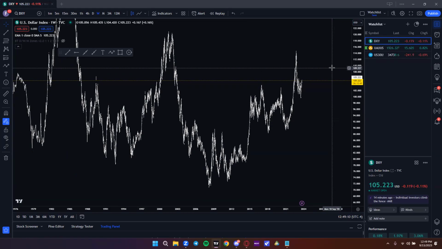The US dollar is still the world currency, and even if China and BRICS, this is a side note, even though China, Brazil, India, Russia are creating their own currency, most of their transactions are still being completed with the US dollar. So for that shift to happen, it's going to take decades for it to be set in stone.